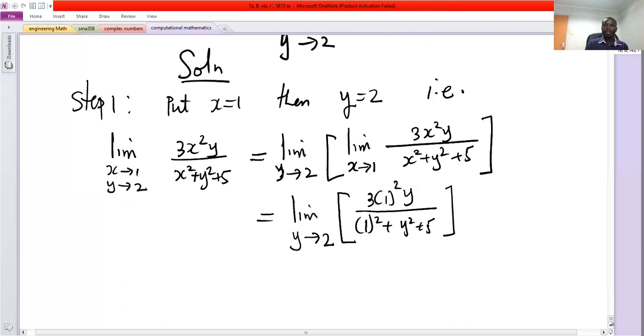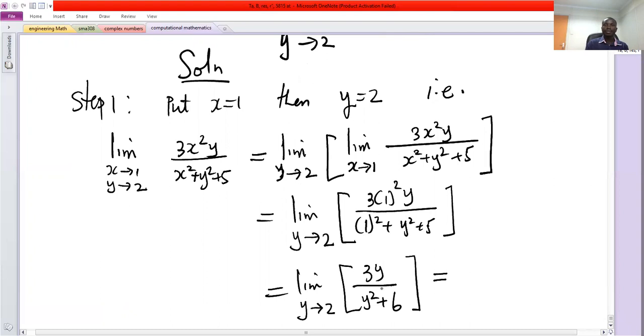This will give us limit y approaching 2. So this will be 3y over y squared plus 1 plus 5, which is 6. Now this is just a function of one variable. So we also replace y for 2.